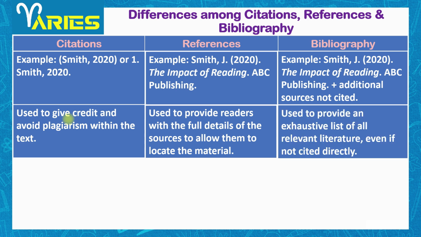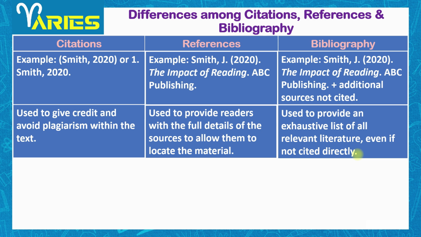And then bibliography. Now, bibliography is used to provide an exhaustive list of all the relevant literature, even if cited or not. So all the literature that a researcher has referred to, all the literature that the researcher has consulted, that will appear in the list of bibliography.